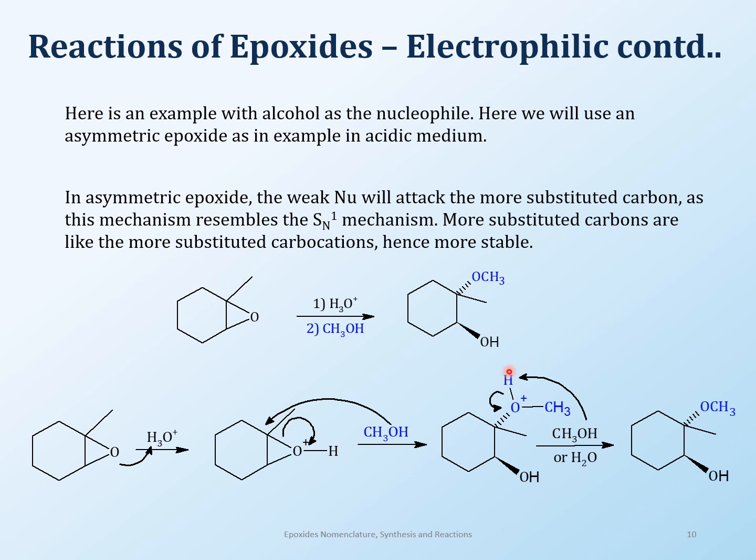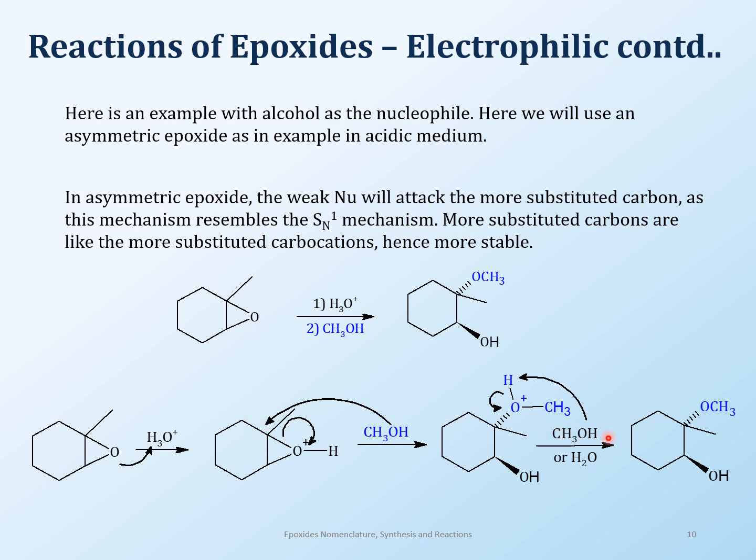Now, in case you're wondering why I wrote methanol or water over here, really all you're doing here is deprotonation. So you can use either the alcohol, which is already present, or you can use water, which is also present because you have H3O plus, okay? So you might wonder why the water is not being used as the nucleophile here.